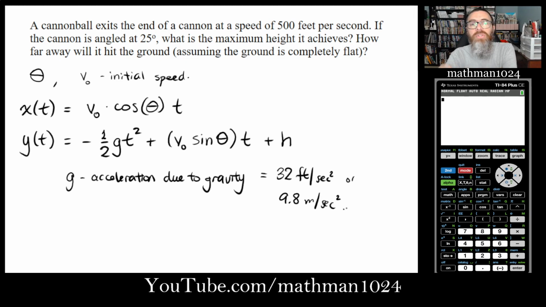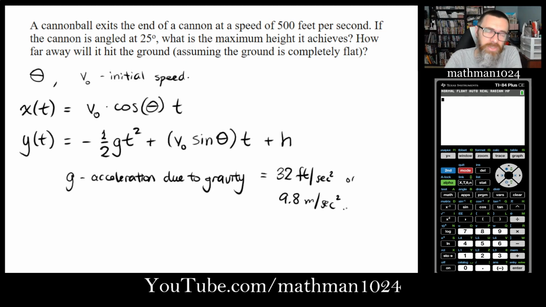In other words, your acceleration due to gravity is that you are accelerating at a rate of 32 feet per second every second. So your velocity is increasing by 32 feet per second every second of free fall.